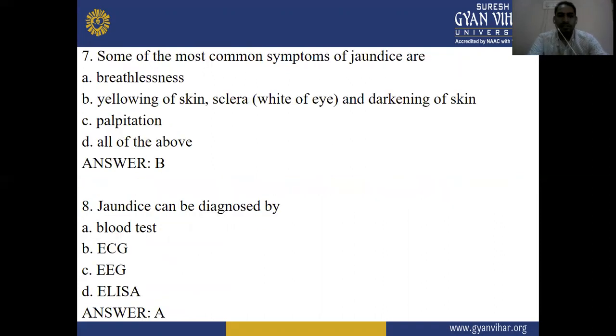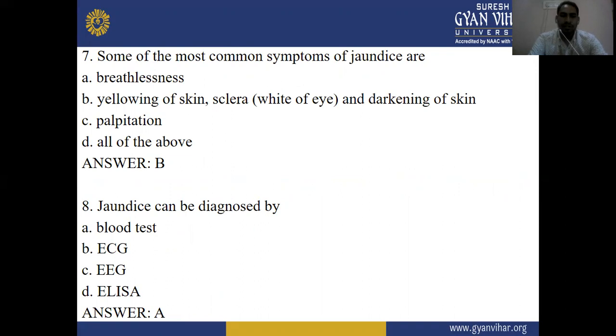Next one: some of the most common symptoms of jaundice are option A, breathlessness, option B, yellowing of skin, sclera, the white of the eye, and darkening of skin. Option C, palpitations, and option D, all of the above. The right answer is B.